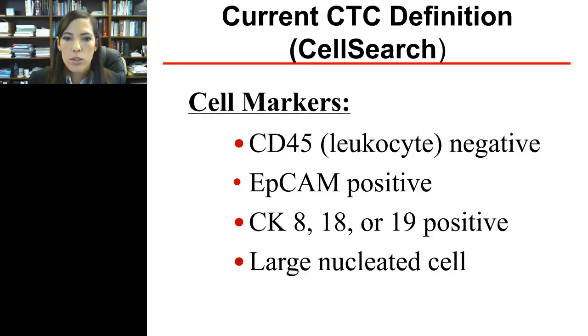The cells must also stain positive for cytokeratin 8, 18, or 19, which is an intracellular marker of epithelial cells. This definition really describes a specific type of epithelial CTC, and we believe that this strict definition may not allow all what really are circulating tumor cells to be detected. So we're interested in potentially expanding this definition.